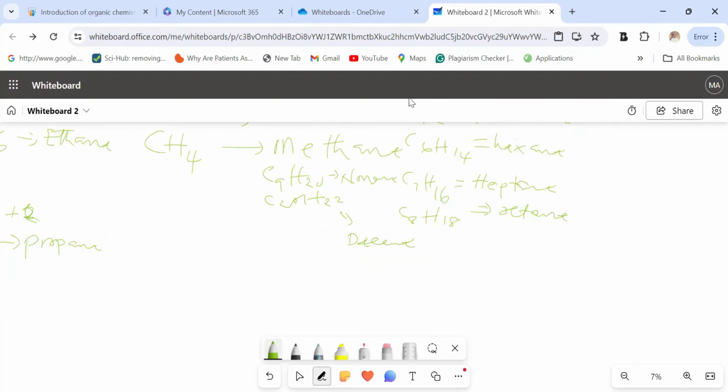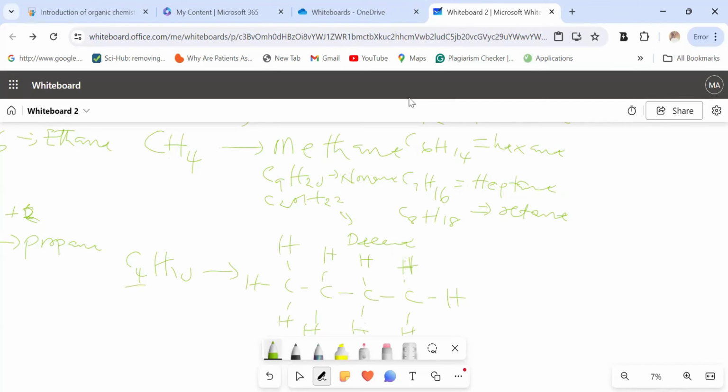For example, in the case where we have C4H10, that is butane, if you want to draw the structure, you use something like this. The carbons are 4. Between all the carbons, you have single bonds, and that is why they are called saturated. Here you also have hydrogen. If you count, you have 1, 2, 3, 4 carbon.